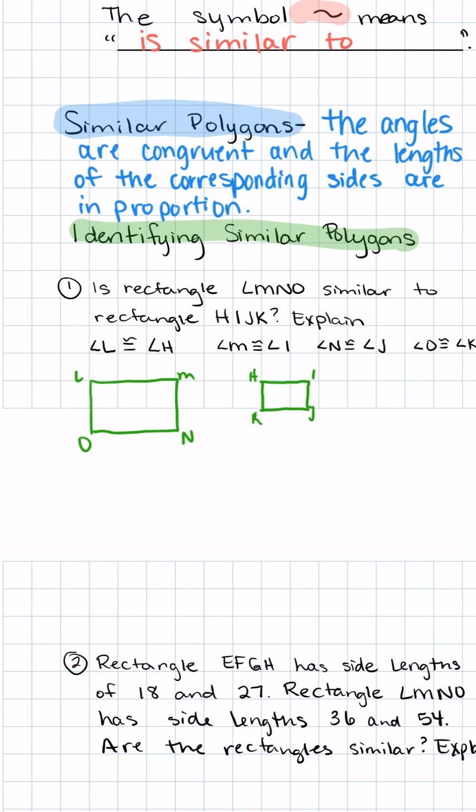This tells us L is congruent to H, M is congruent to I, N is congruent to J, and O is congruent to K.